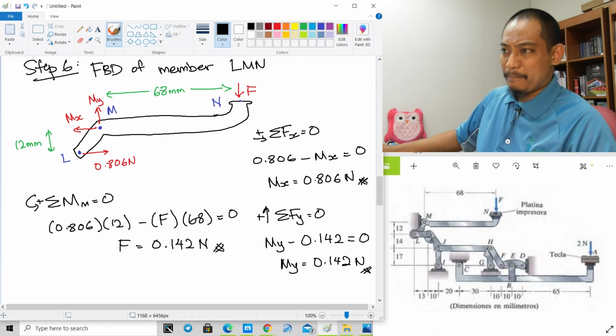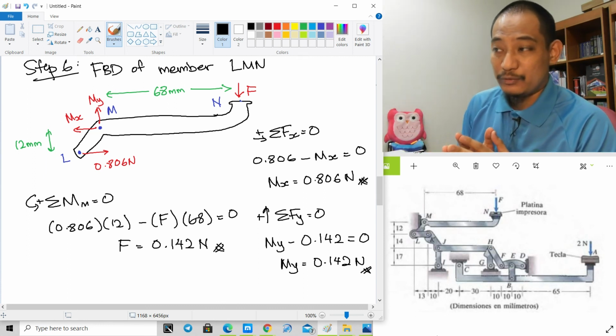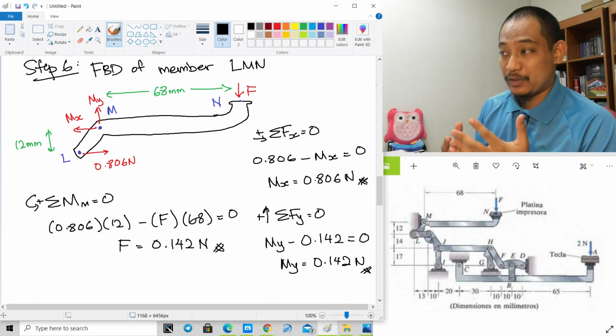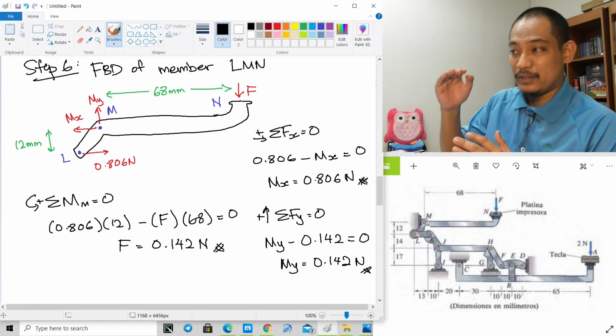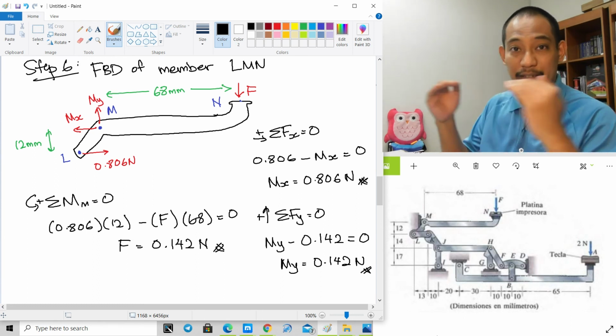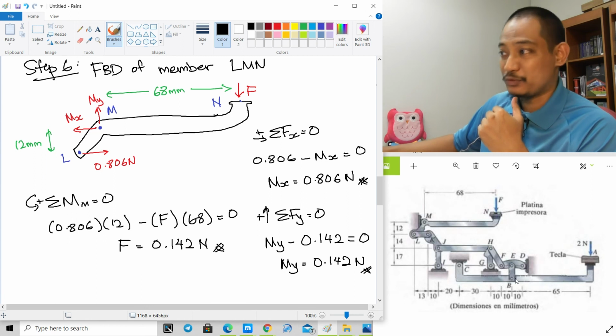If you have gone through all of this, you'll notice that, wait a minute, this question is not difficult. When you have a lot of two force members, it actually simplifies how to solve, because when you have a two force member, you do not have x and y components. You will just have the force along that two force member. So from here you can see these two force members.